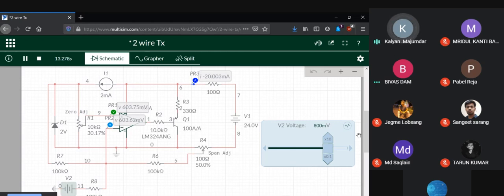We want to see whether the output changes linearly with the input. The equation says it's linear. So if 800 millivolts gives 20 milliamperes, let's see what we get at 400 millivolts. It won't match perfectly, it's a simplified circuit with many assumptions, but anyway, let's see.